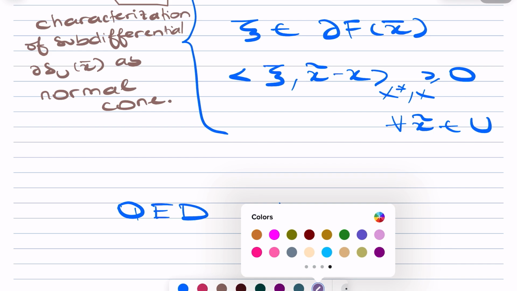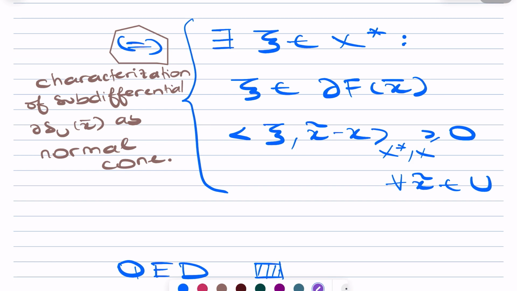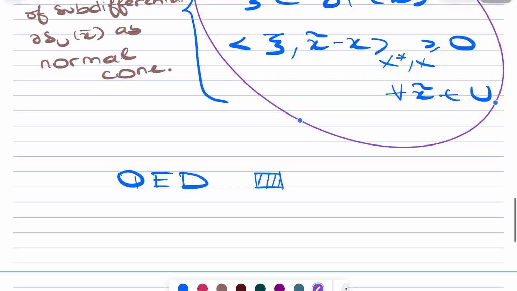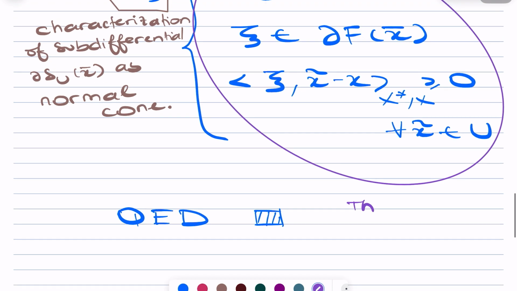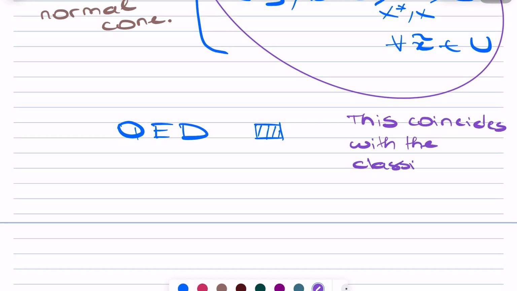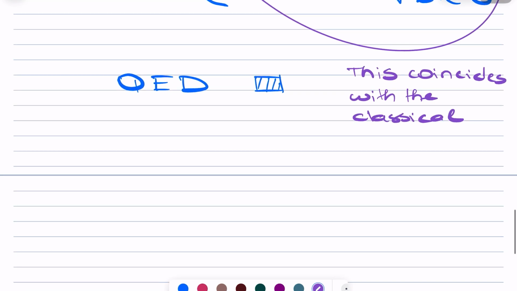Observe that this condition coincides with the classical Karush-Kuhn-Tucker condition.